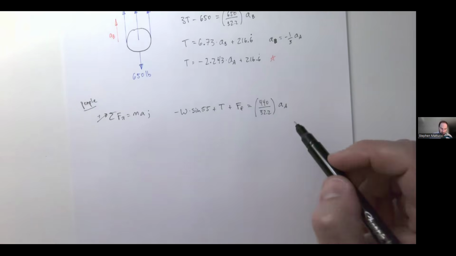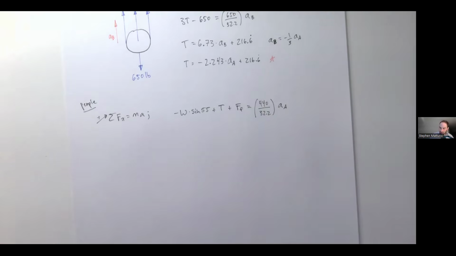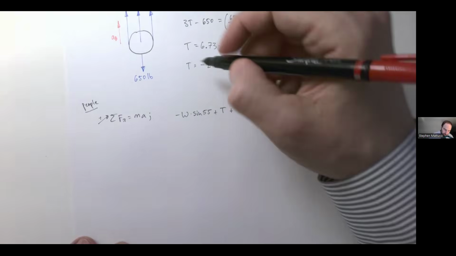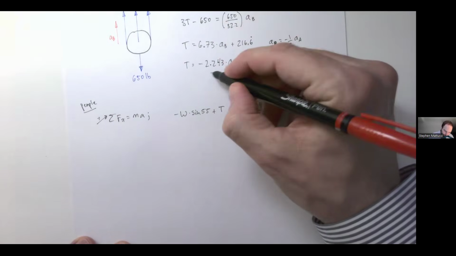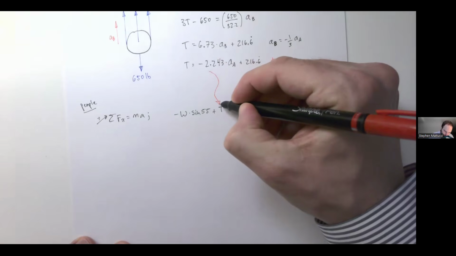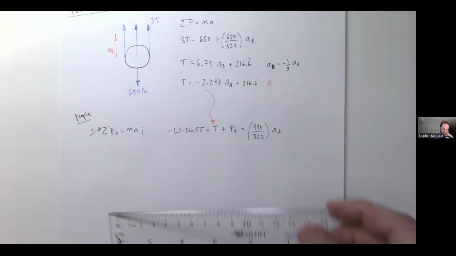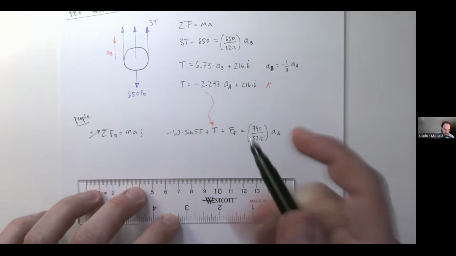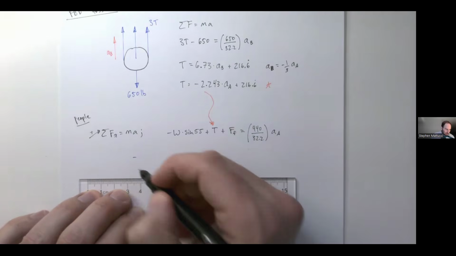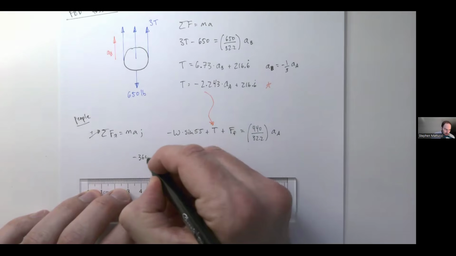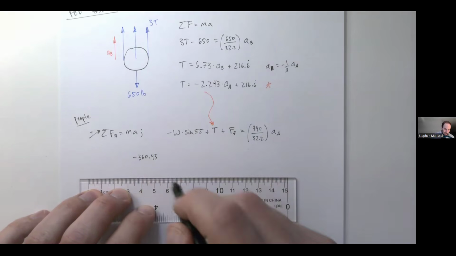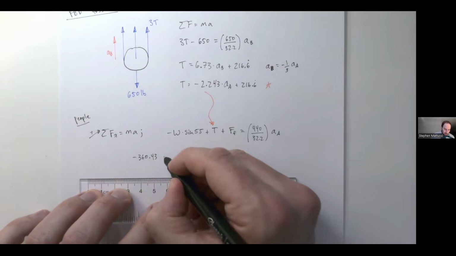So now for T, we can sub this value in for T. So we have negative 360.43. That's this weight term.